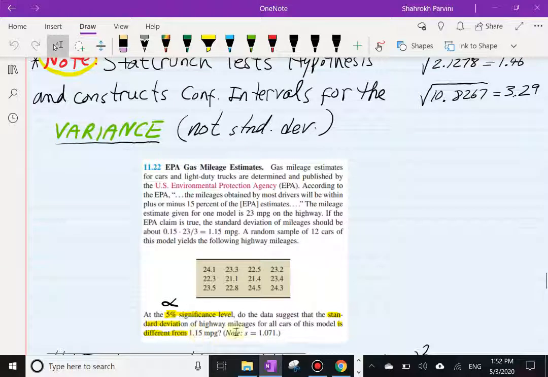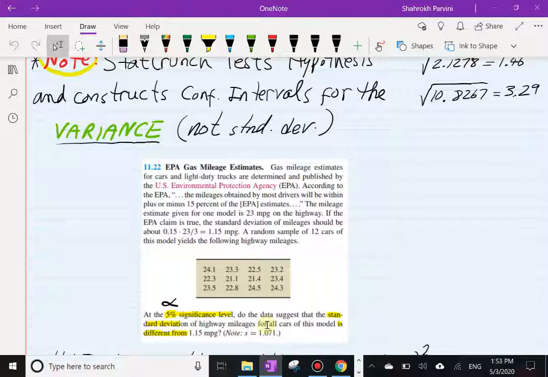Notice, by the way, how inferential this statement is. For all cars. From these 12 cars, they would like to infer or generalize to all cars of this model, however many thousands there might be.